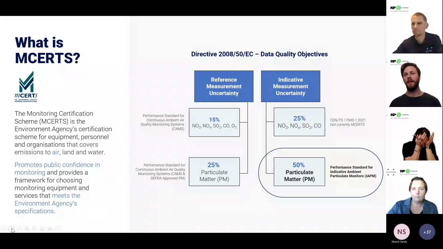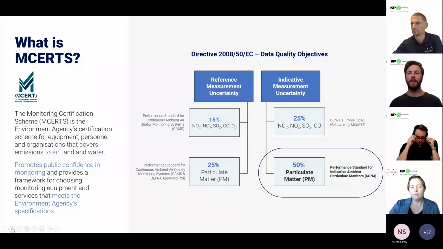When you're looking at the indicative measurement objectives, there is only one standard currently. So this is a standard which we've passed. It's known as the Performance Standard for Indicative Ambient Particulate Monitors, or IAPM. There isn't currently an indicative standard for gases, but last year there is now a technical standard, which is CEN/TS 17660.1/2021.